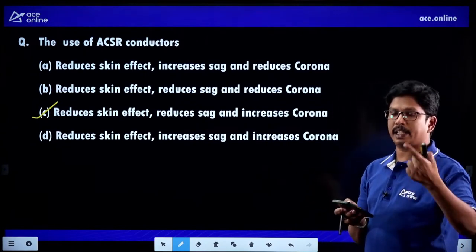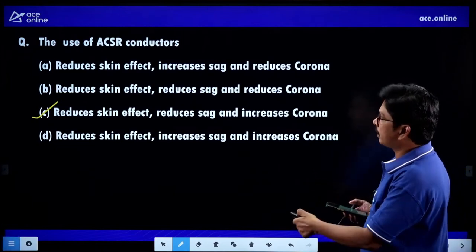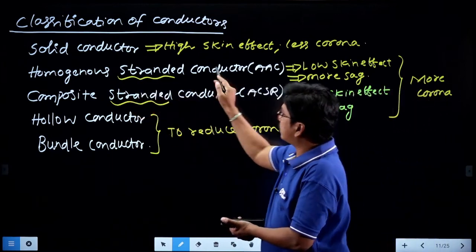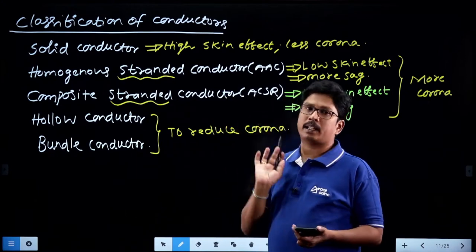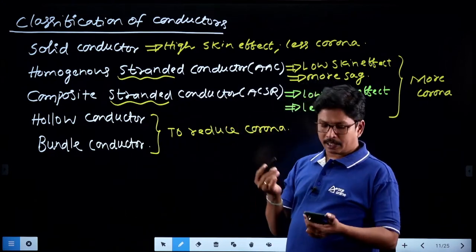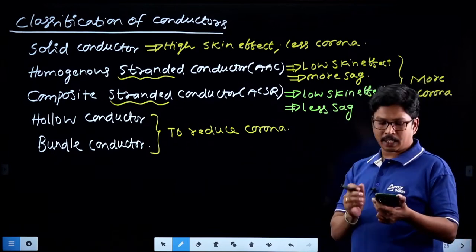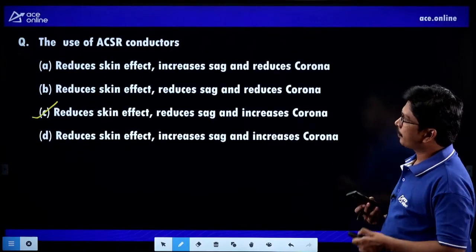That's why, to reduce the skin effect, we go for stranded conductors. The stranded conductors are these two: homogeneous stranded conductor and composite stranded conductor, both are stranded conductors only. Because of the stranding property, they have a lower value of skin effect. Very good. Clear. So we'll go for the next question.